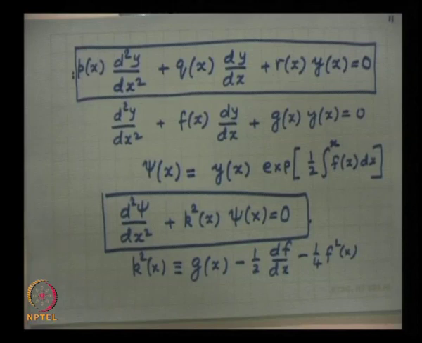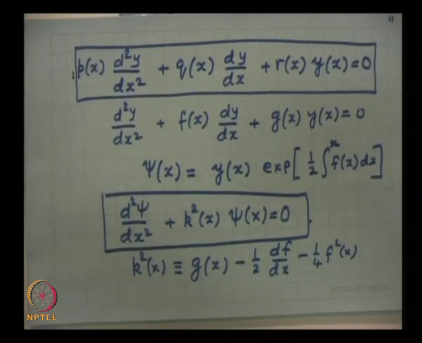That concludes our discussion on the WKB approximation, in which, to summarize, this is a very powerful method for solving a second order differential equation in which k square of x is assumed to be a smoothly varying function.